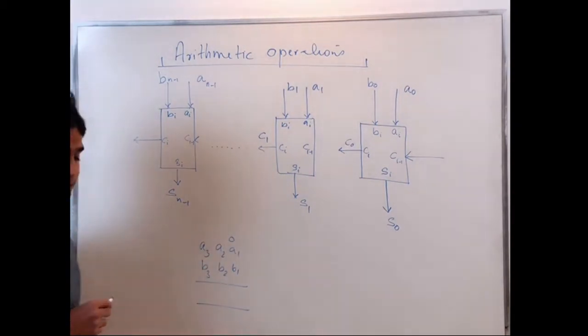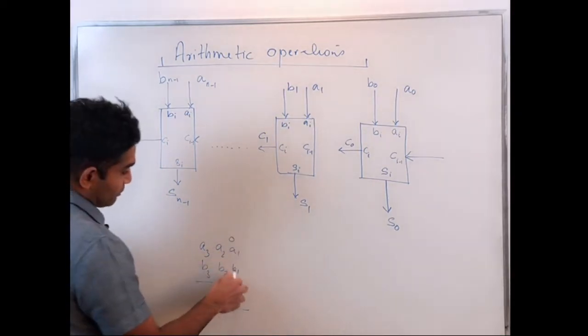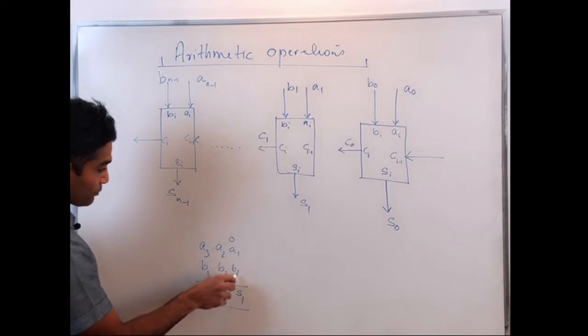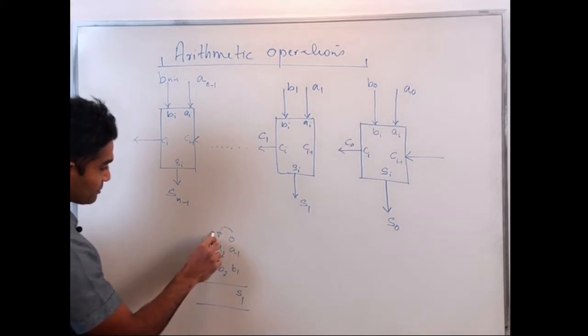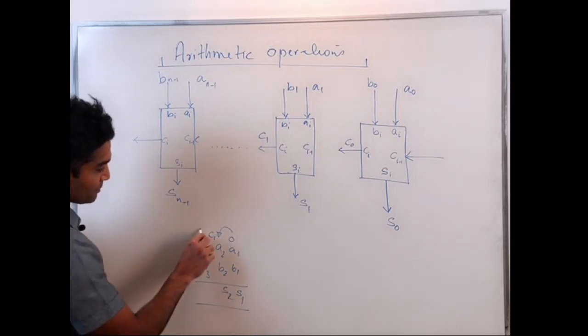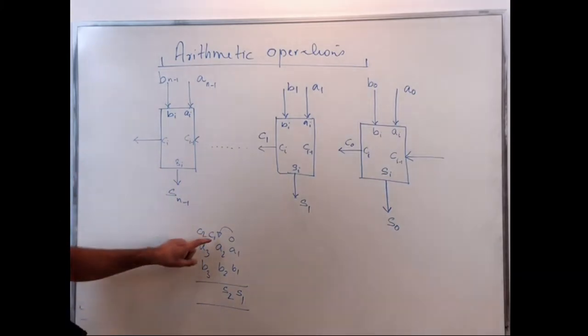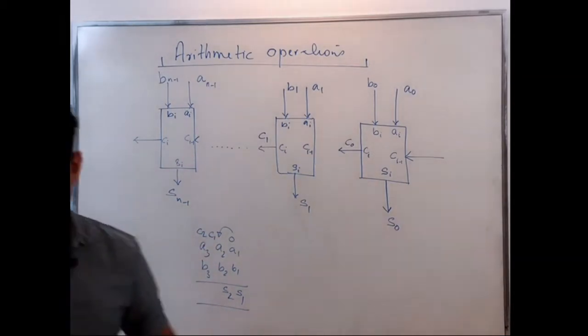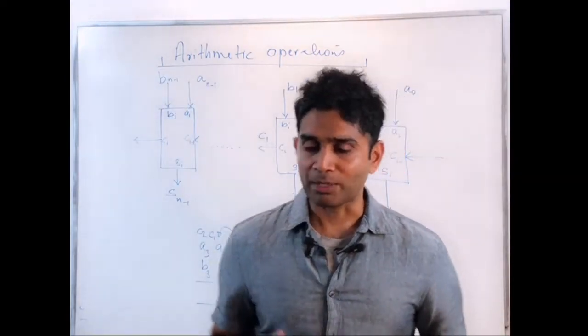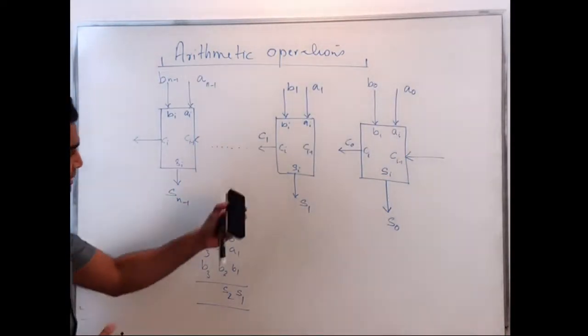A1 plus B1 gives me S1. Then I have a carry out from this being added to the next bit position, C1. C1 plus A2 plus B2 gives me S2, C2. So at every bit position, I'm adding the previous carry out along with the 2 bits to get my sum. So how do I do this? How do I connect it so I get the right sum and the right carry out?